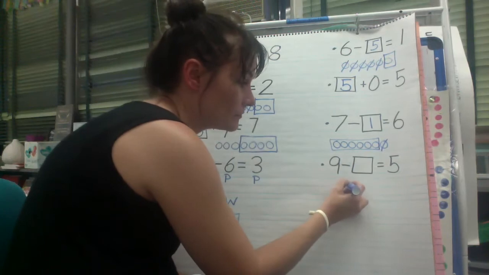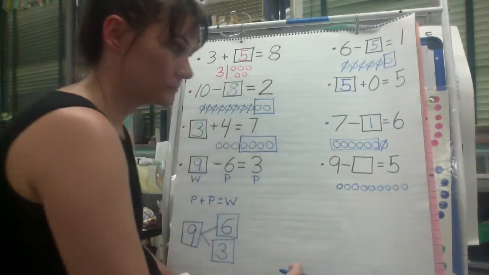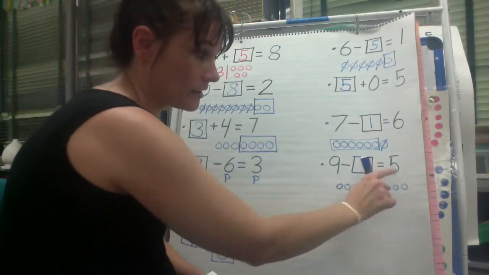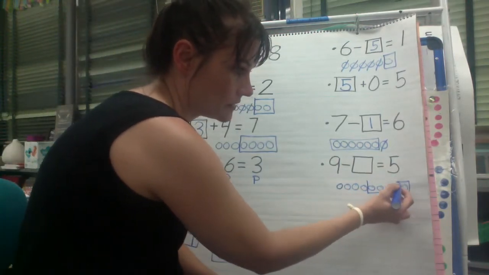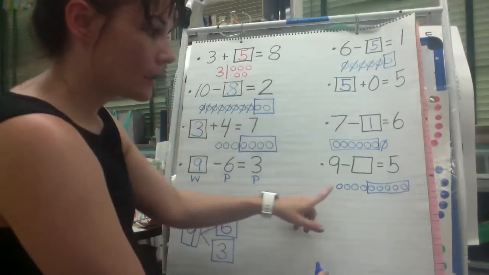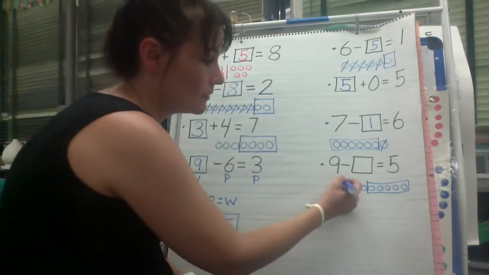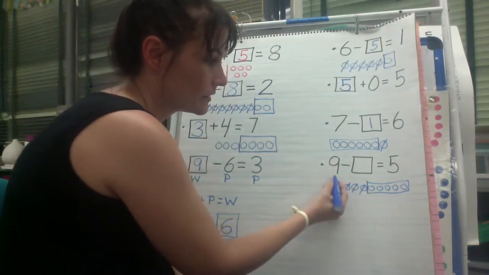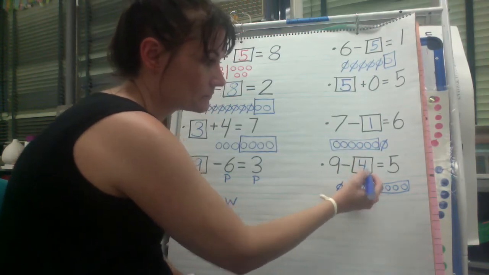I had 9. And I'm going to end with 5. That's what I'm ending with. How many did I have to subtract? 1, 2, 3, 4. 9 minus 4 leaves me with 5.